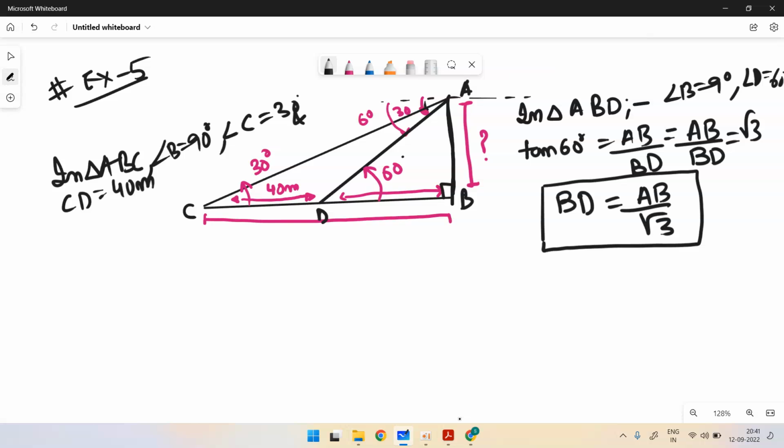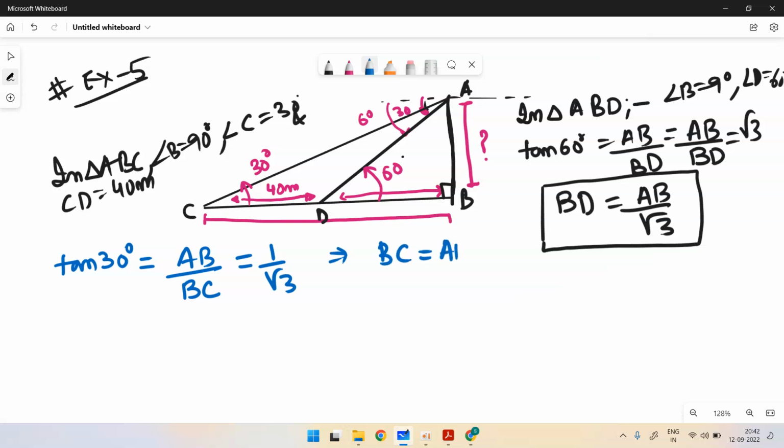Now, how to proceed with that is, I will write the same relation, tan of 30 degrees. Tan of 30 degrees is nothing but AB by BC. AB is unknown, BC is also unknown, the horizontal distance is unknown. So tan of 60 degrees is root 3, which implies that BC is nothing but AB root 3 meters.